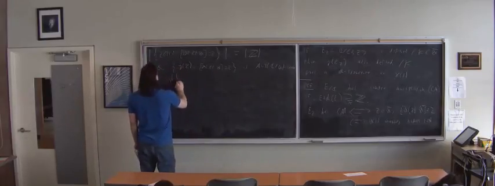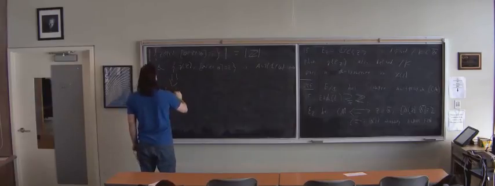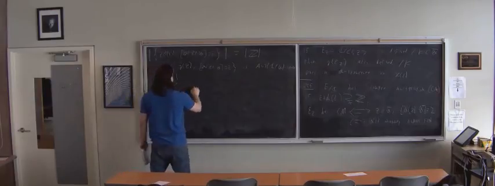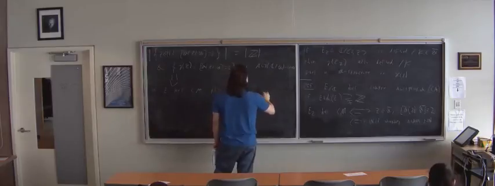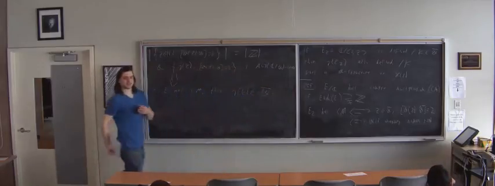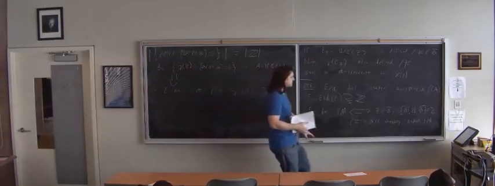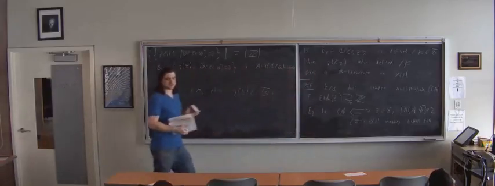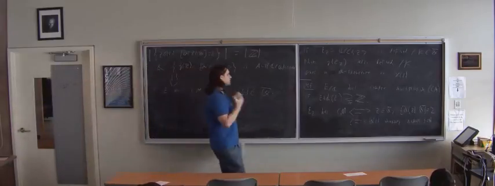So this implies that if E has CM, then J of E is an algebraic number. We're going to use and need much more in the proof, but it's kind of nice to know these soft arguments.